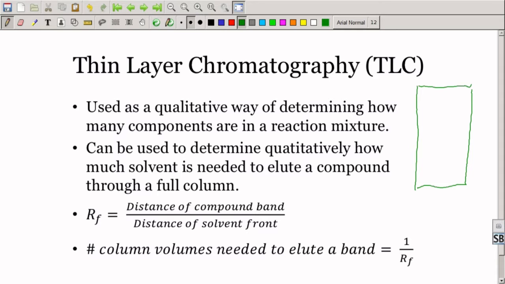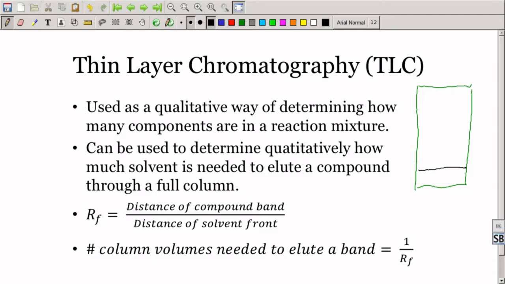But you take this plate, and what do you do with it? It's coated with a very thin layer of your stationary phase. We've got tons of these in the back. And I think most of you have seen them if you've been in an organic chemistry lab. What you do is you take a pencil or something like that, and you put a mark down at the bottom of the plate.